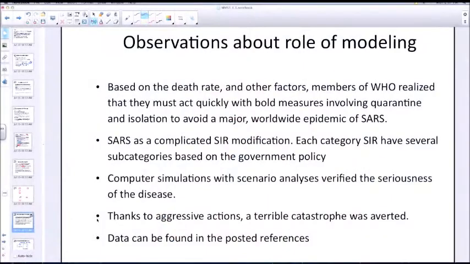Sometimes it's very casual, far distance contact. Regardless of how unrealistic, the model served a very good purpose in the beginning to help the WHO to realize the danger of this disease.